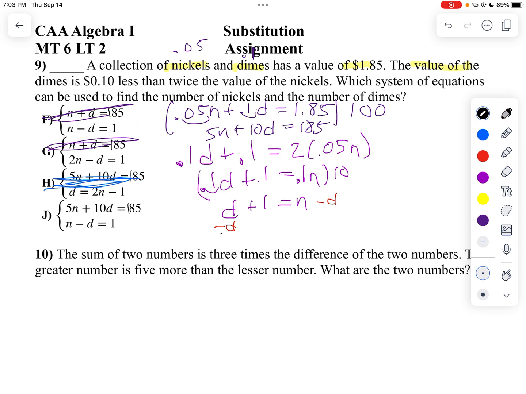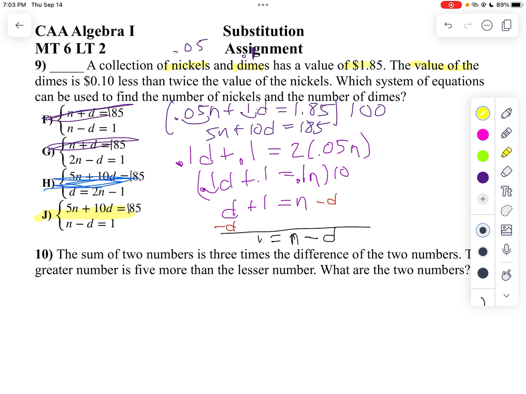And then we're going to get 1 equals n minus d, which is letter J. Like I said, although it's multiple choice, that was not a simple one. Let's take a look at question number 10.